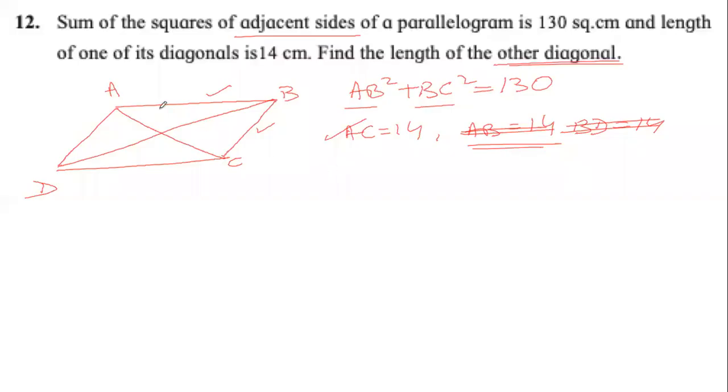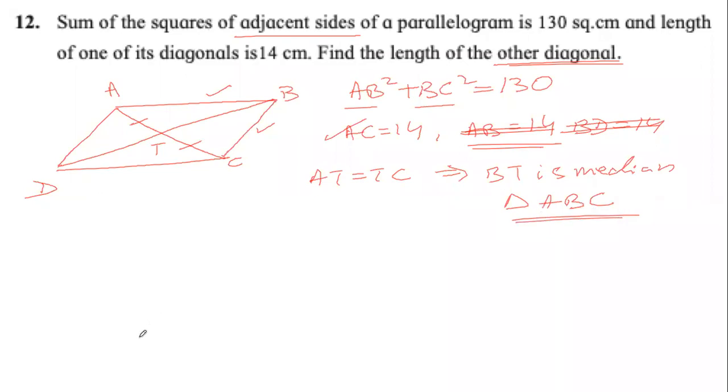Let us imagine that these two diagonals intersect at the point T. We already know that the diagonals of a parallelogram bisect each other. That means AT equals to TC. This implies that BT is a median in triangle ABC.